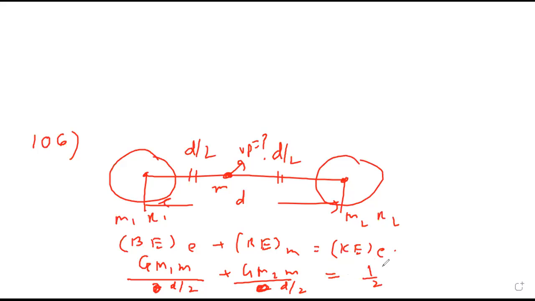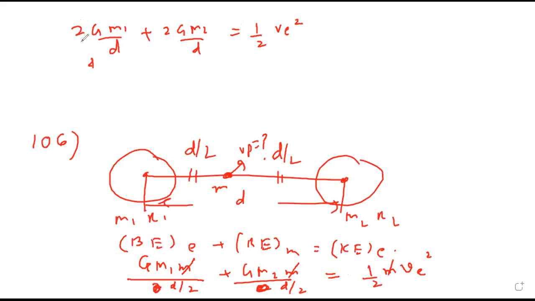Kinetic energy is half m into velocity which we want. Throughout this, m cancels. So it will become 2 times G m1 upon d plus 2 times G m2 upon d equals half of v escape square. So 4 times G upon d I can take common, m1 plus m2 equals v escape square.